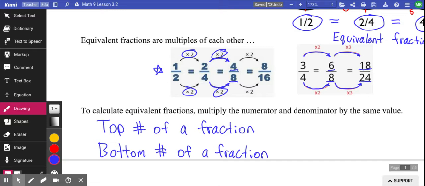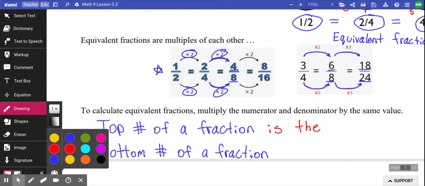The top number on a fraction is called what? Yeah, it's the numerator. Awesome. The top number of a fraction is the numerator. I will typically say you have to do that to the top number or you have to do it to the numerator. I'll say both so that you keep linking together numerator and top number.